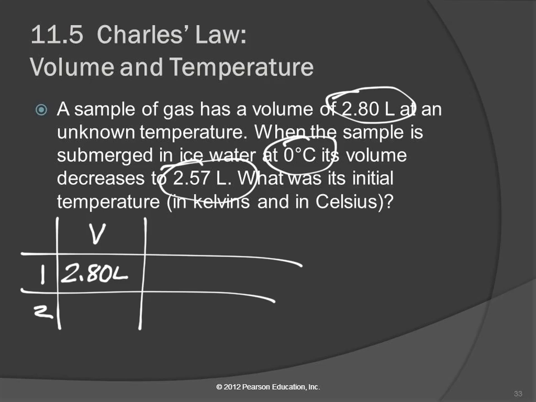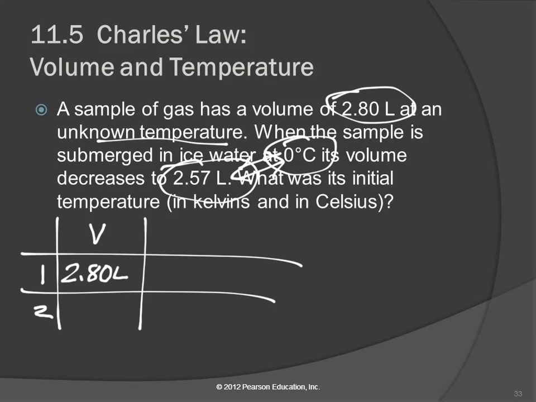Volume. At an unknown temperature. Okay, well that's not a number, I'm going to skip that. When the sample is submerged in ice water at 0 degrees, its volume decreases to this. Do you see that these two numbers go together? These guys are together. This other one is with the unknown.